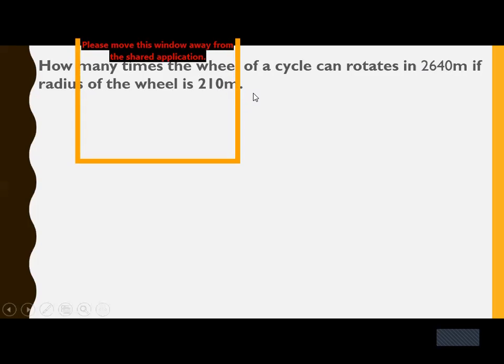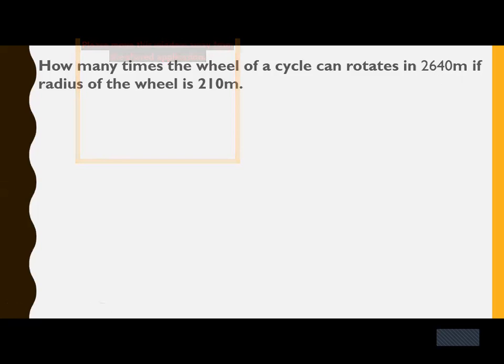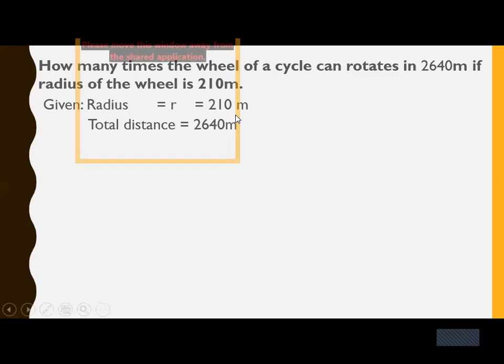In this question, 2640 meter is the total distance given, and we need to find how many times it rotates to cover this distance if the radius of the wheel is given, that is 210 meters. So 210 is the radius and the total distance is in meter.